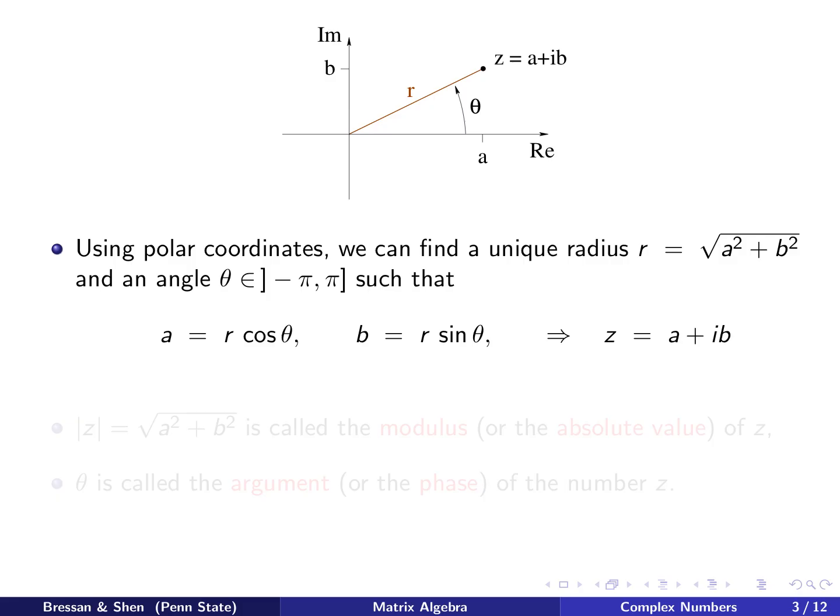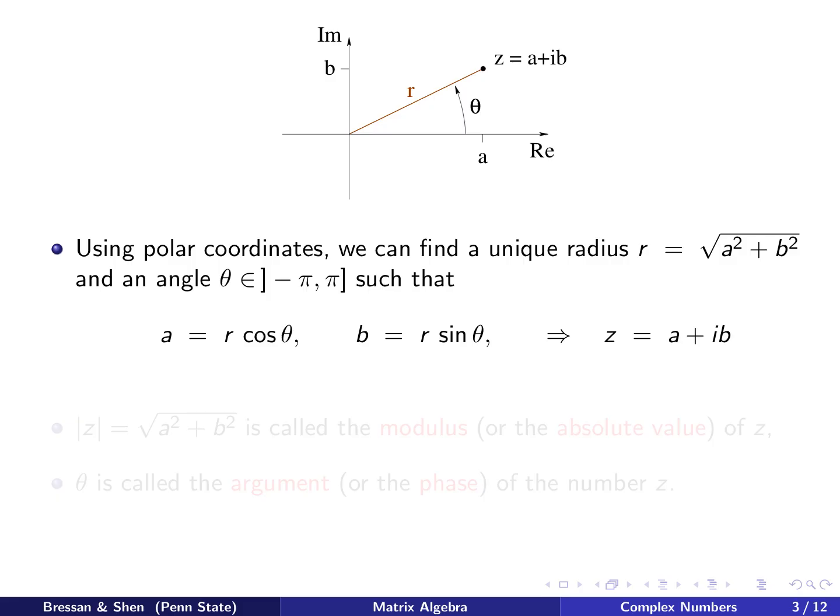The angle theta is defined on the interval from -pi to pi, so it goes from -pi, through 0, and all the way to pi. When it's pi, it meets -pi. Given R and theta, they uniquely determine a point in this coordinate system: you first draw the length R, and then you rotate by the angle theta.